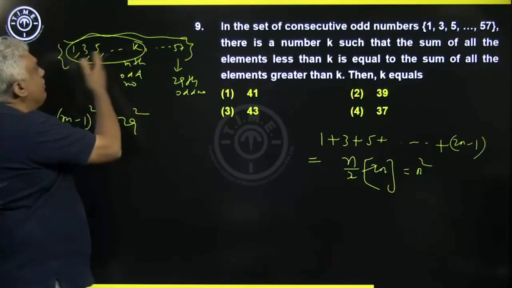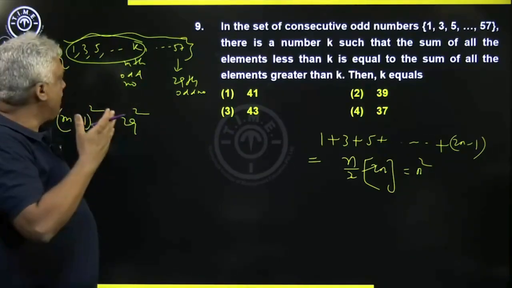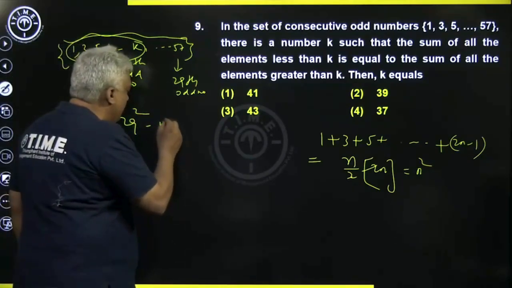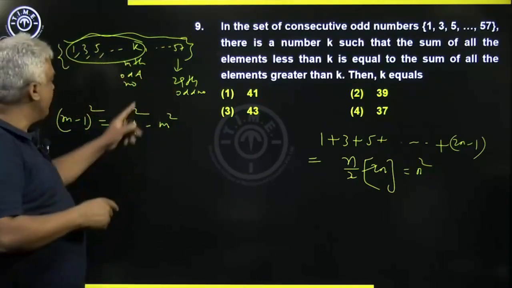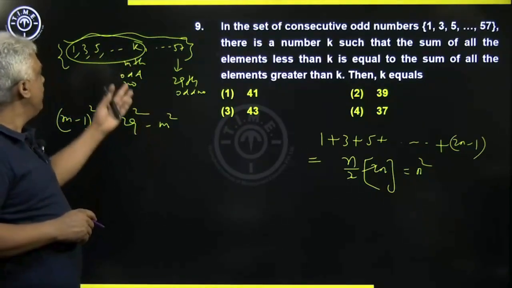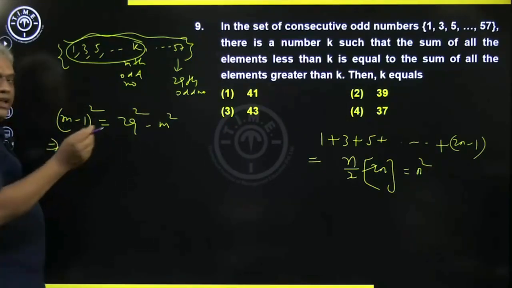Till k, there are m odd numbers, including k, the first m odd numbers, and their sum is m square. So if I remove this, the total sum of odd numbers 29 square minus the first m odd numbers, that is m square, we will get the sum of odd numbers after k. That is equal to the sum of the first m minus 1 odd numbers, that is m minus 1 whole square, and from here we can get the value of m.